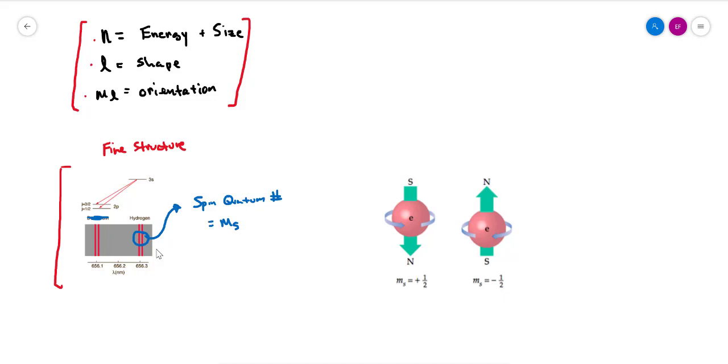Spin in quantum mechanics is not the way that we think about spin classically, but we're going to use a classical model because that's what most people do, because it really doesn't have a very easy meaning to think about without doing some math. So in the classical state, we could think about an electron being able to exist. Remember, two electrons can fit into each one of the orbitals that we just talked about. And for each electron, we can say that it can spin in two different ways.